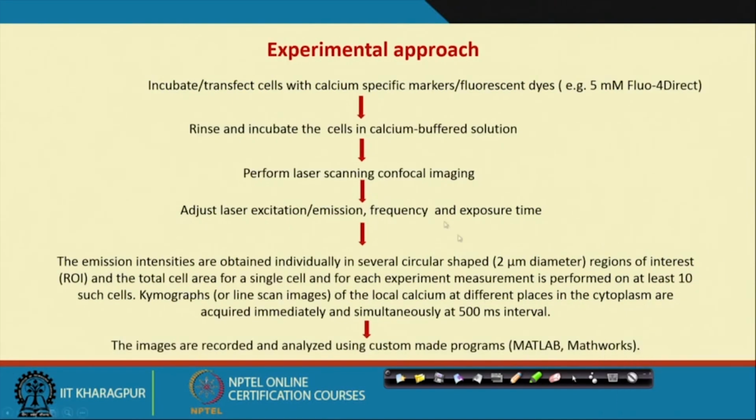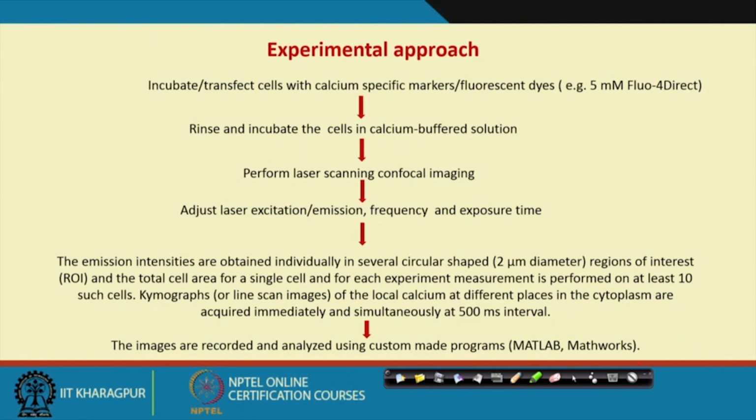And how are these experiments done? The general experimental approach is that either GFP transfected cells or normal cells are incubated with a calcium specific dye, in our experience we are using Fluo-4 Direct, then rinsed and the cells incubated in calcium buffered solution.